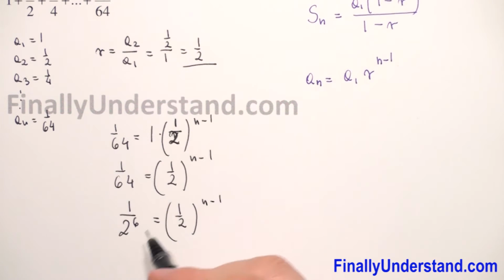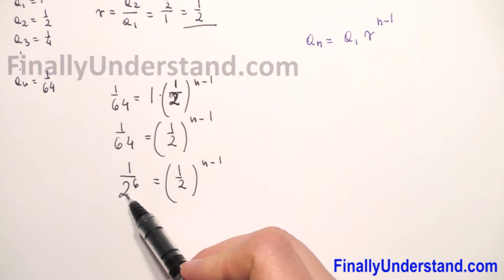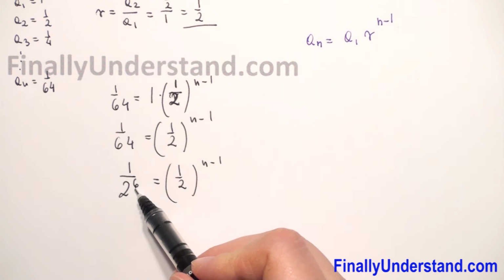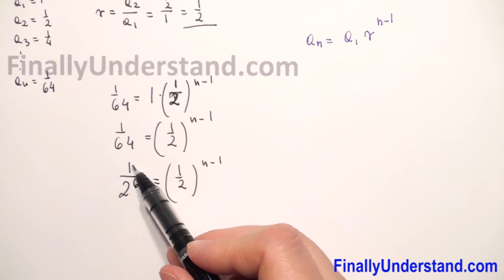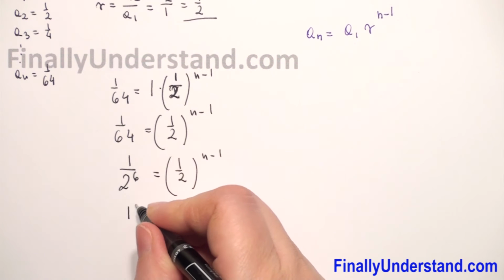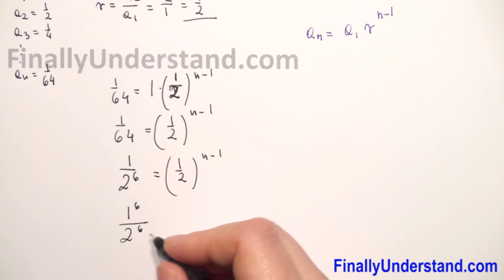I want to change this equation to have the same base. We have 1 over 2 to the 6th power. 1 to the 6th power gives still 1, so I can rewrite this as 1 to the 6th power over 2 to the 6th power. We copy the right side. 1 to the 6th over 2 to the 6th can be written as (1/2) to the 6th power.